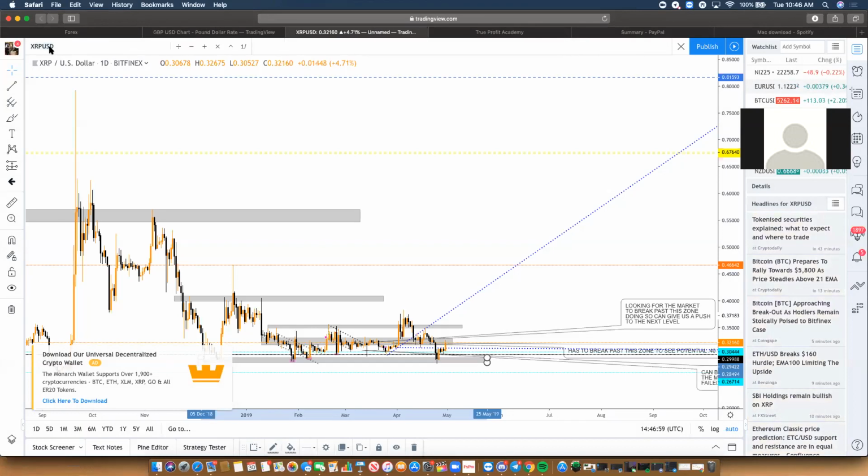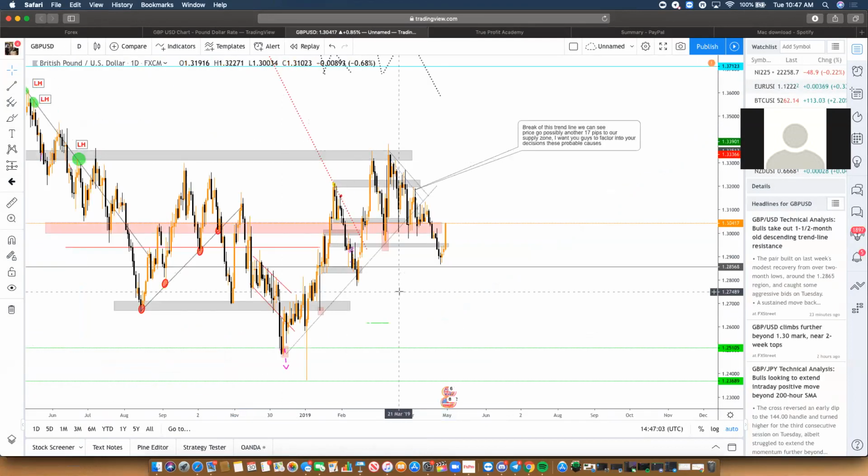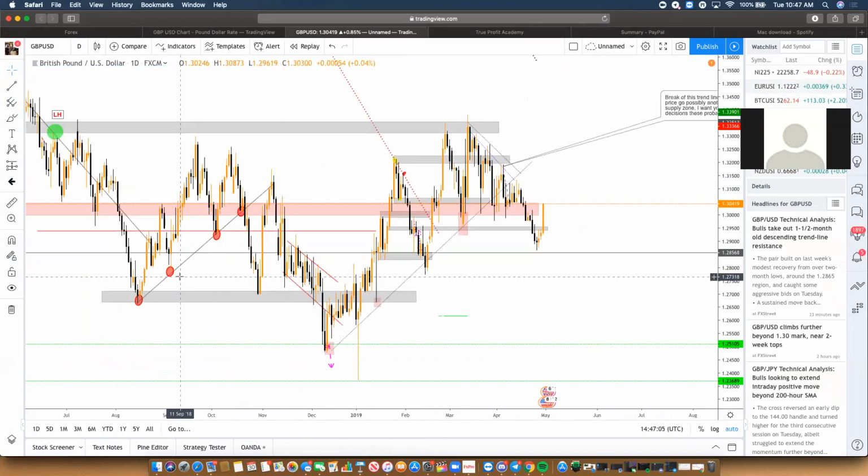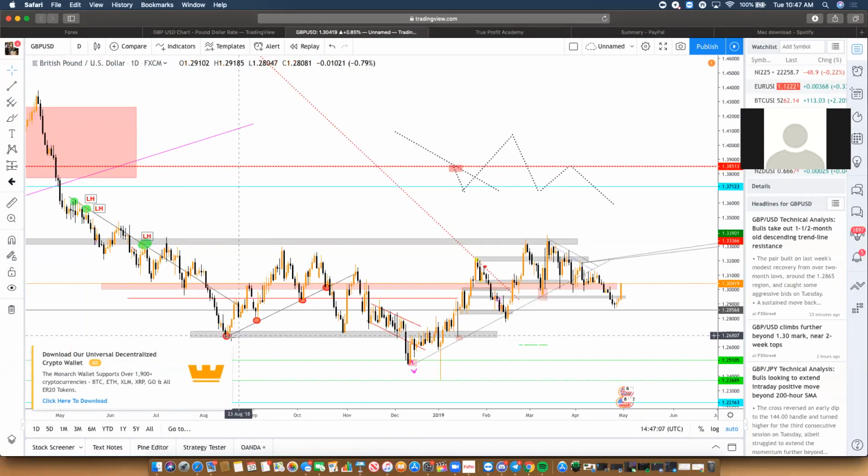In 1 second, I'm going to show you an example here, GBP USD. So here's GBP USD, right? On an uptrend, when the market breaks that structure, I'm going to wait for the market to come back and retest that price, which it did right here.